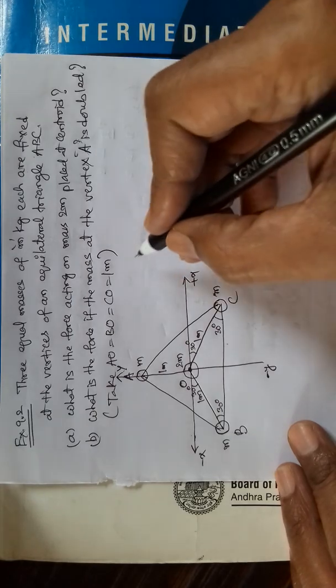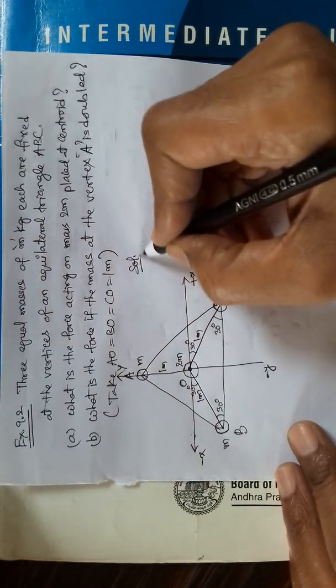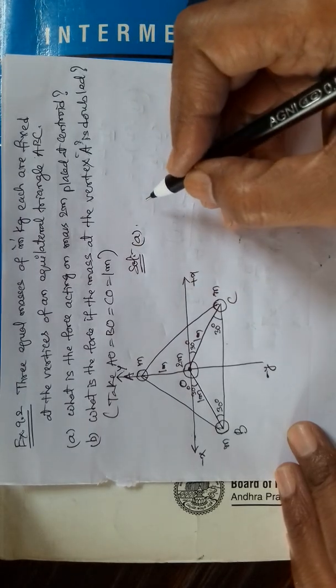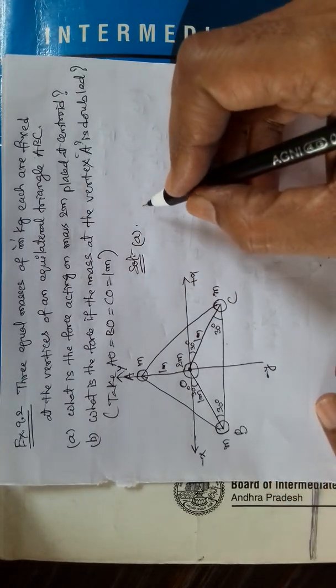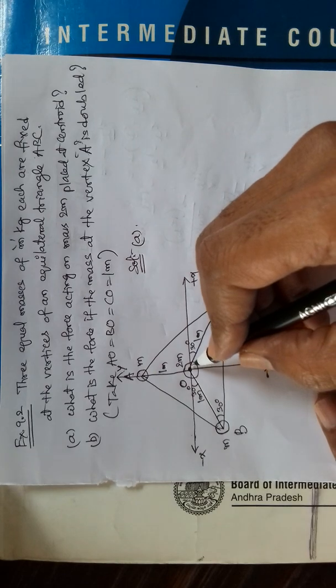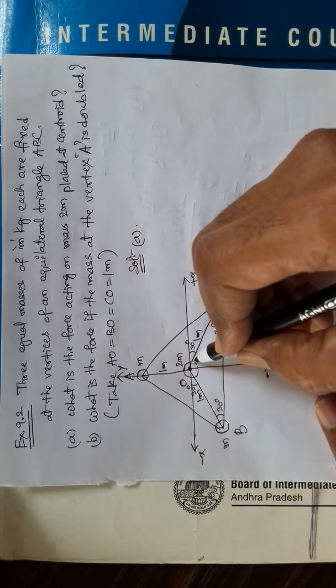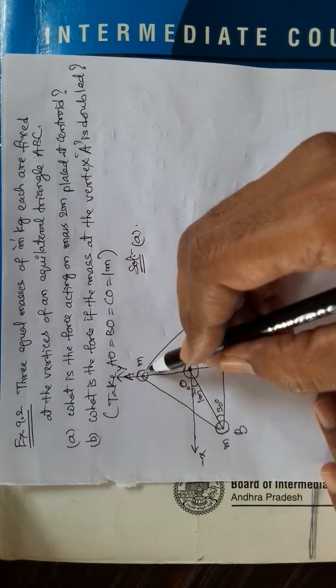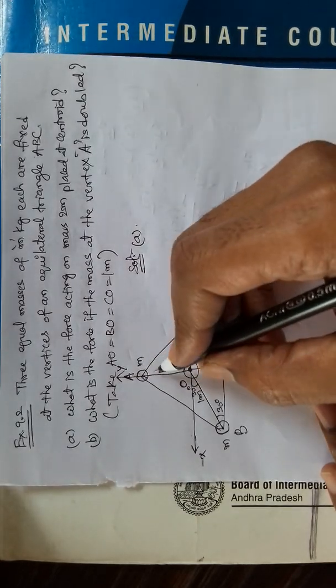Now solution of part A. What is the force acting on mass 2m? See, this 2m mass is being attracted by mass m placed at A in this direction.